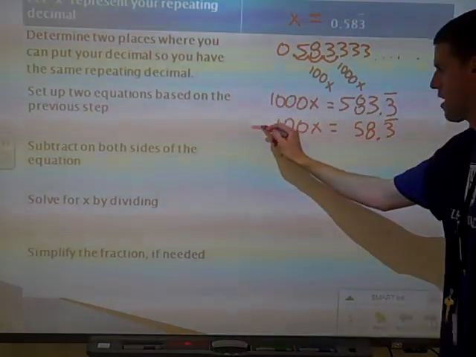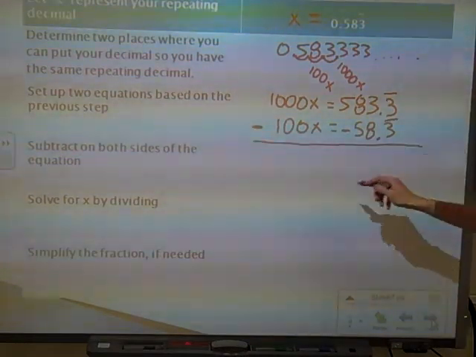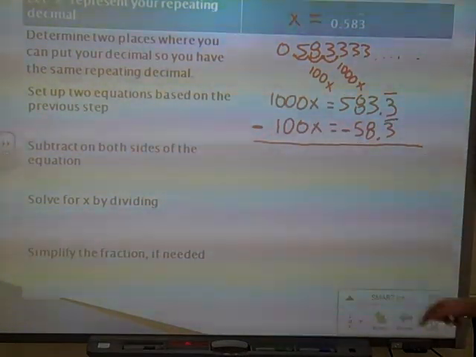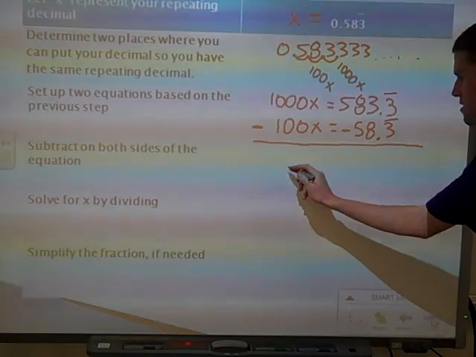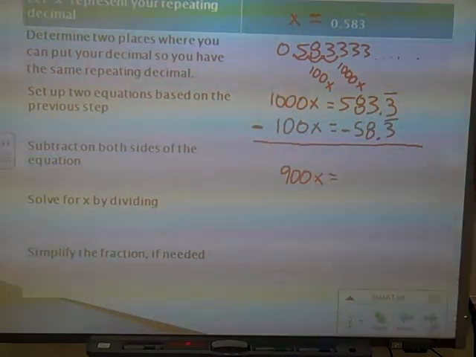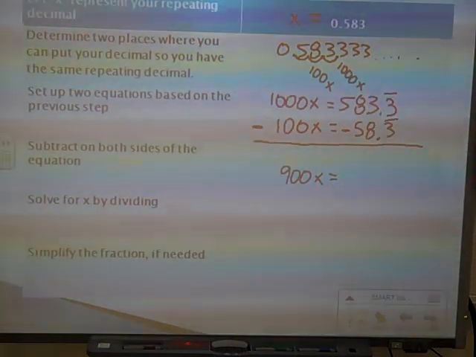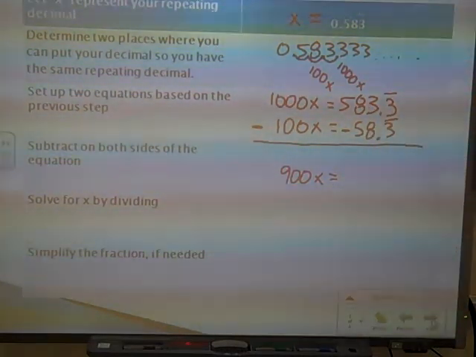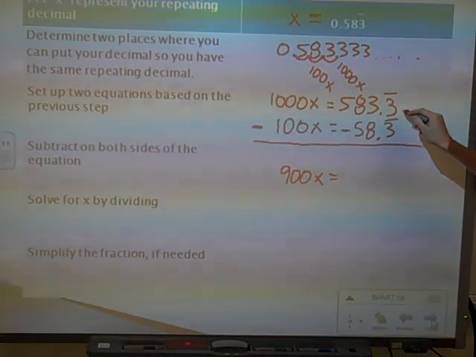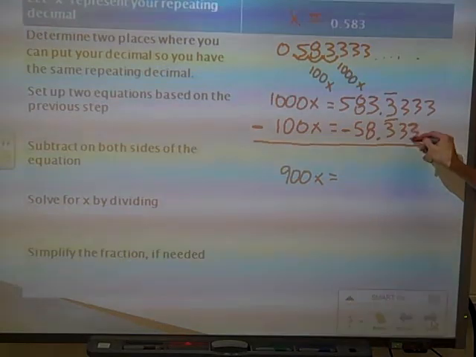So I'm going to go ahead and subtract now. Okay? 1000x minus 100x is 900x. And then I also have 583.3 minus 58.3. See my repeating 3's? If I just kept going with 3's, okay?